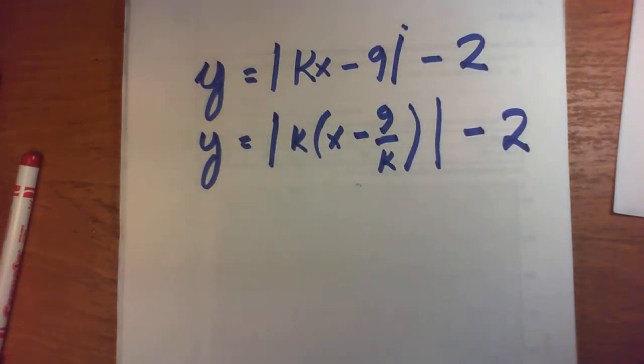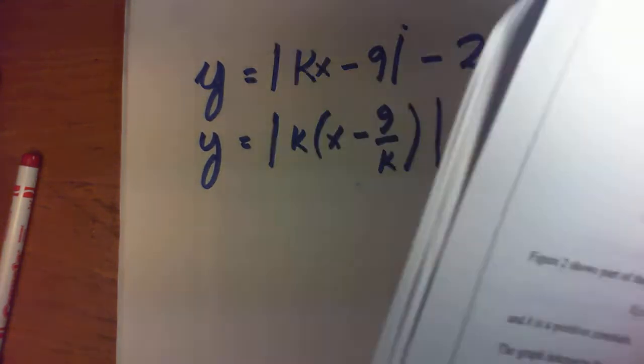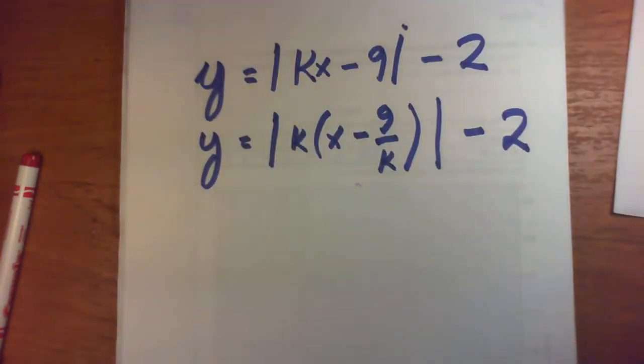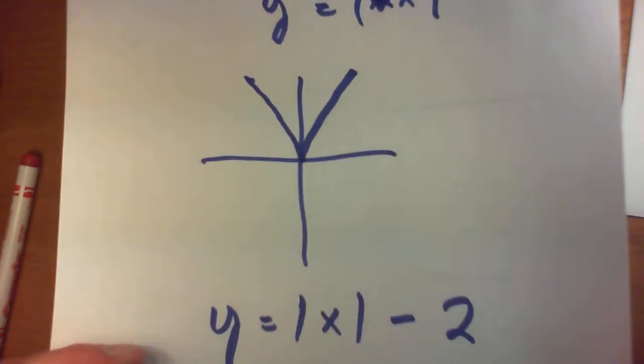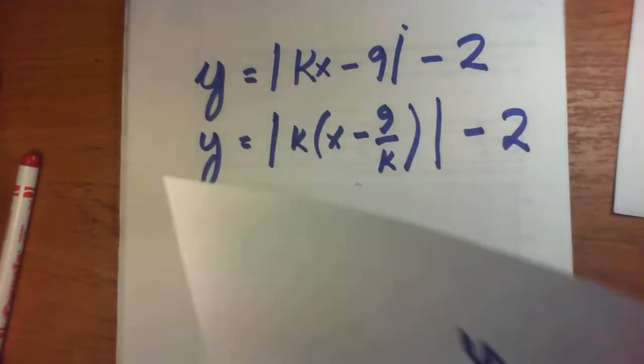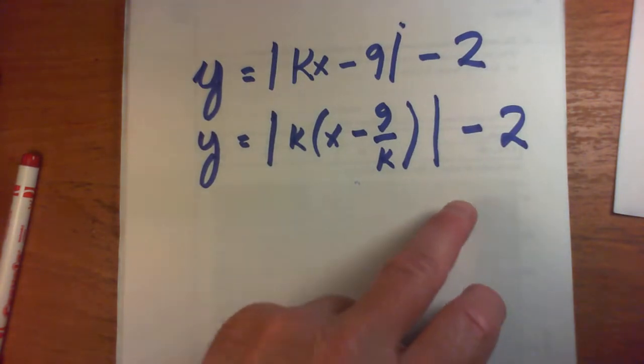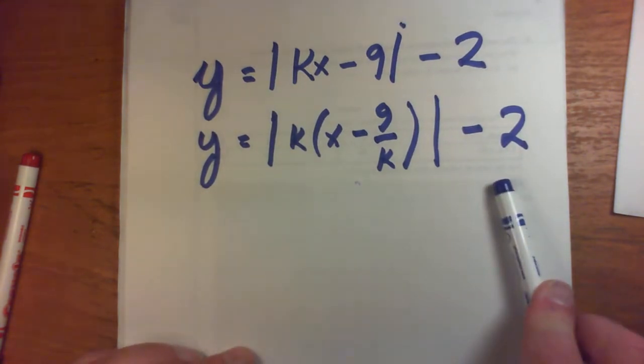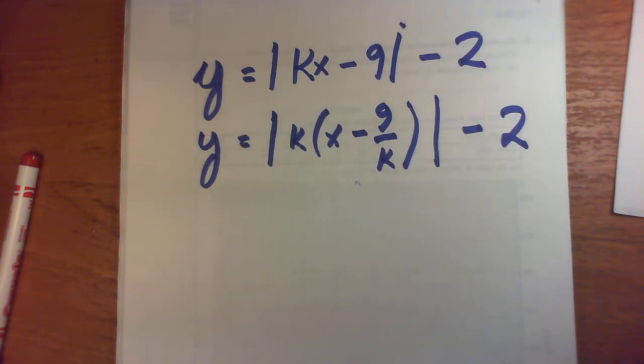The thing is, just by looking at that, I know I can now extract a couple of figures from the original graph on the question paper. I know that it's this type of shape here, the V-type shape, but it's been shifted down by 2 units along the vertical axis.